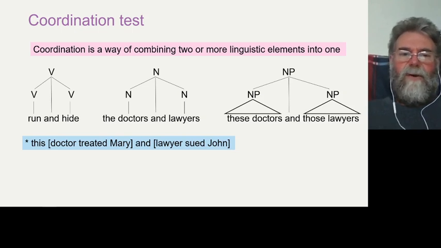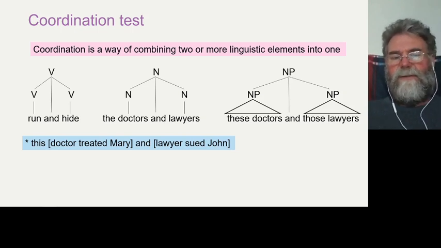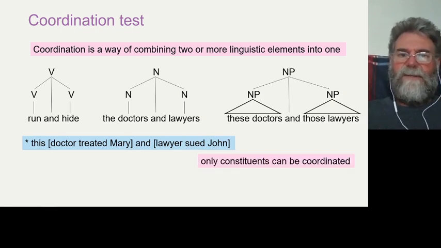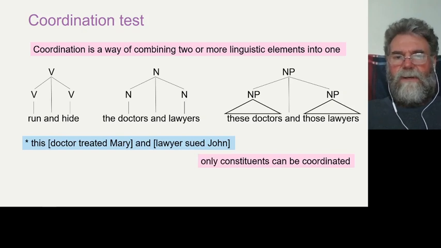Well, obviously you're not going to be able to conjoin those two things because simply they're not phrases. Doctor treated Mary is part of the subject plus what we're calling the verb phrase. It's not a constituent in itself, and therefore we wouldn't expect it to be able to be coordinated. So it's only constituents that can be coordinated.